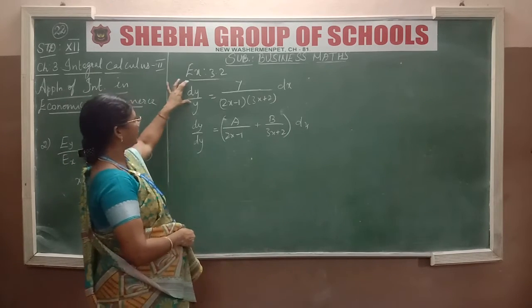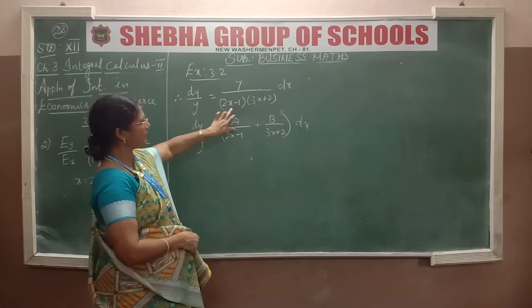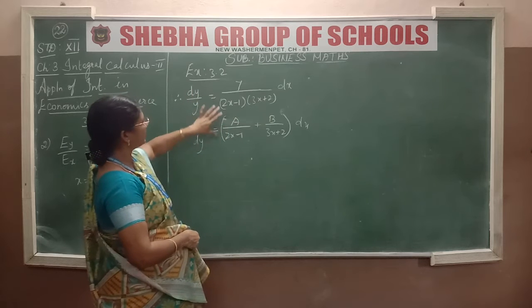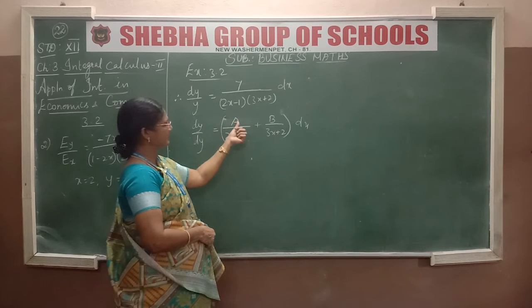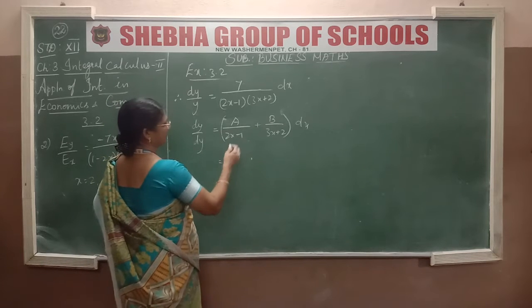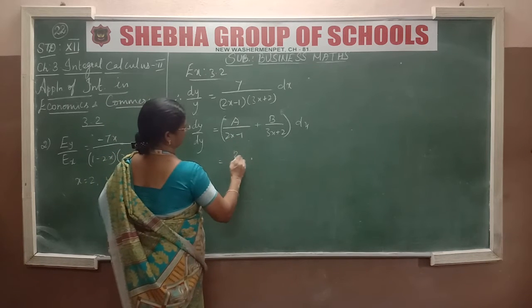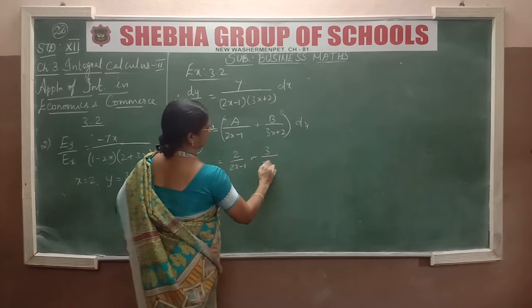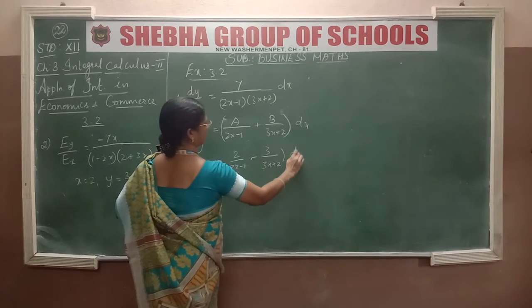So therefore dy by y equal to 7 by (2x minus 1)(3x plus 2) into dx. In this case we assume this as a by 2x minus 1 plus b by this, and after getting the values, a is what? 2. 2 by 2x minus 1 and b is minus 3 by 3x plus 2 into dx.